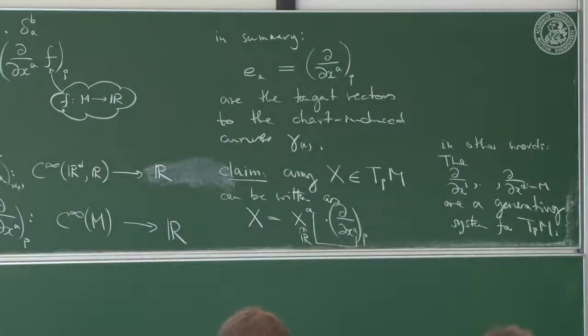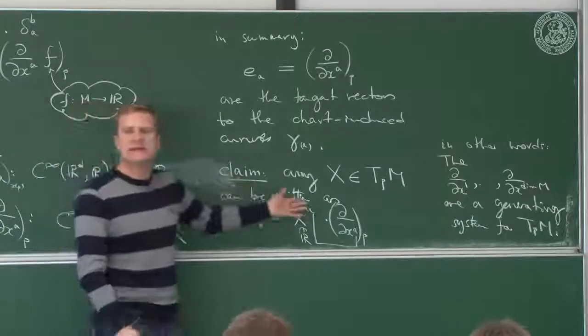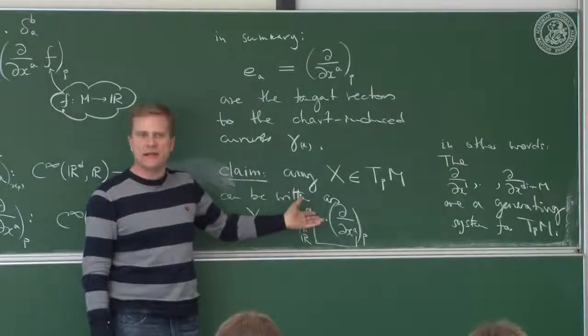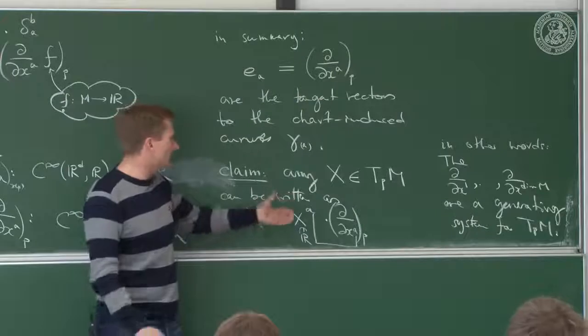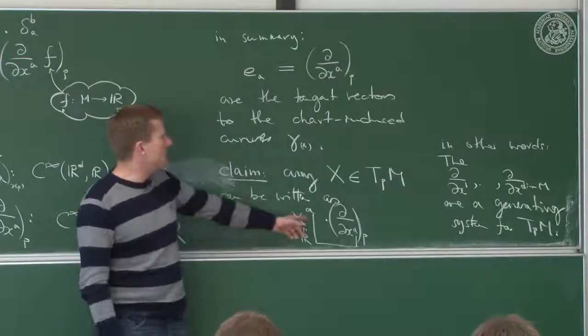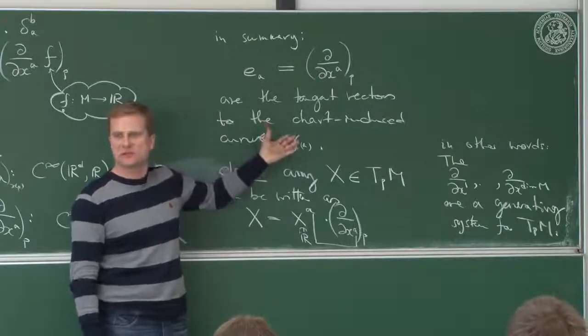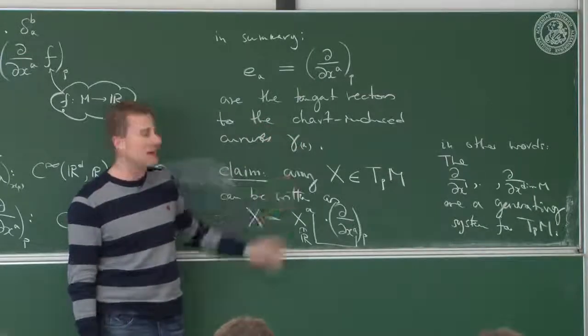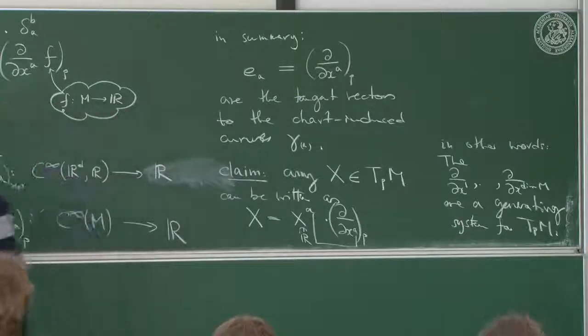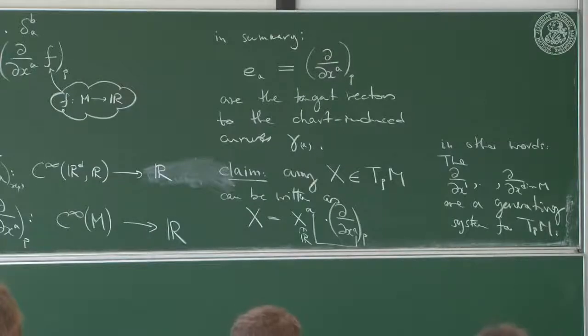So let's see whether we can show this. And then, of course, the next step will be to show that they're also linearly independent. If they're linearly independent and a generating system, they are a basis, and because we have dim M many of them, the dimension of the tangent space would be the dimension of the manifold. This was our claim, but you see in this constructive proof, there's much more technique than just the proof of the theorem. Is there a question so far?